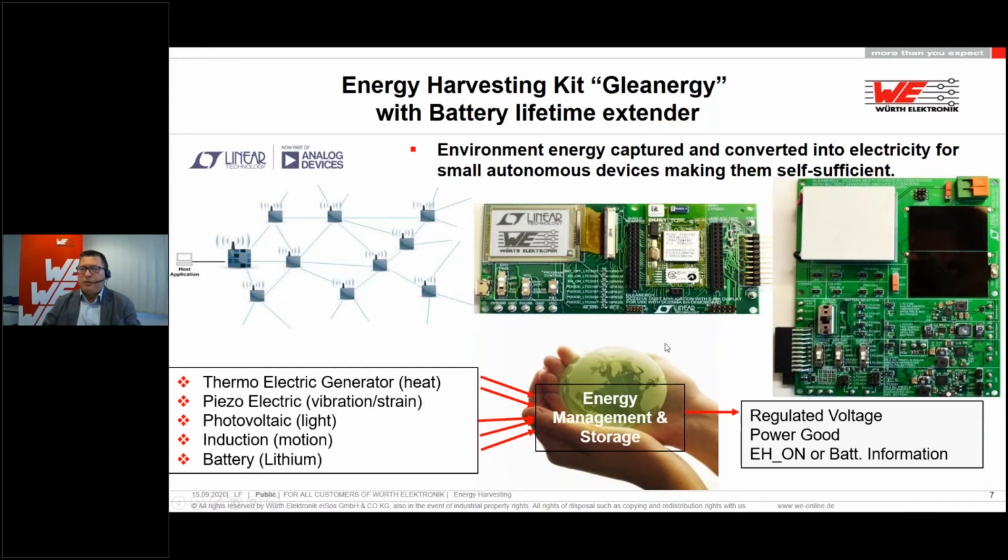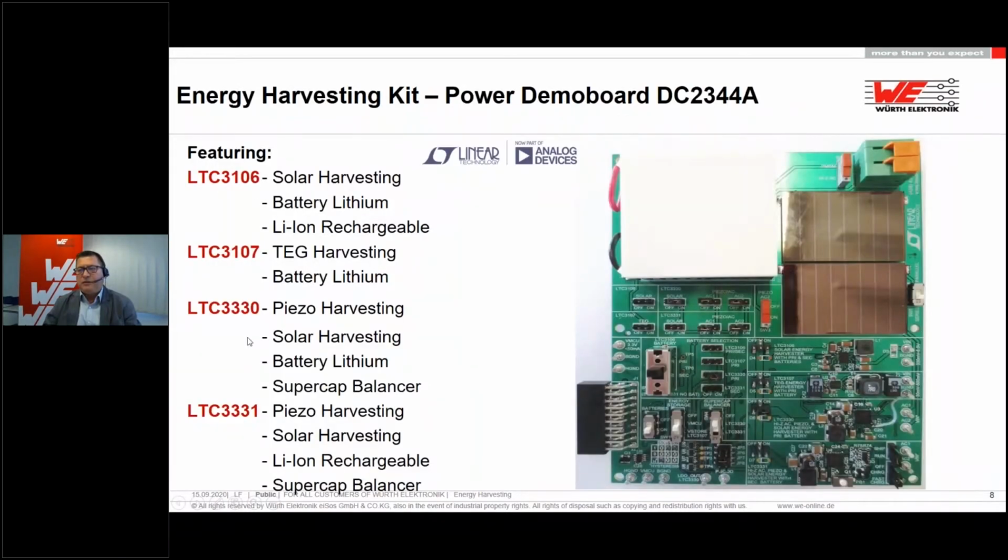This is the power board, where you can see there are different DC-DC converters. Some of those work only with solar, another one only with a TEG, and some of those work with piezo, solar, and have lithium and supercap balancer as well.